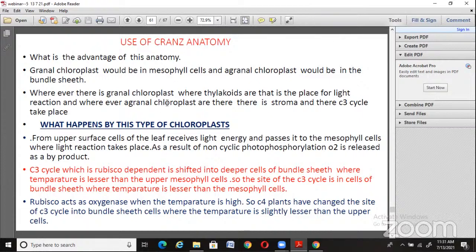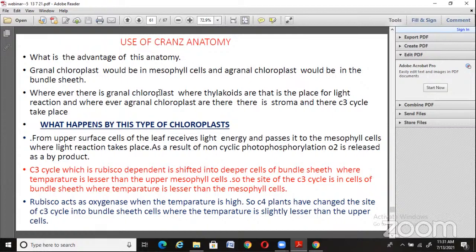And here, one more topic. What is the advantage of this anatomy? We are saying that dimorphic chloroplasts, Kranz type of anatomy, and shifting of C3 from mesophyll into the bundle sheath cells are all anatomical advantages. Then what are the advantages of this anatomy? Once again, granal chloroplasts are in the mesophyll cells and agranal chloroplasts are in the bundle sheath cells.